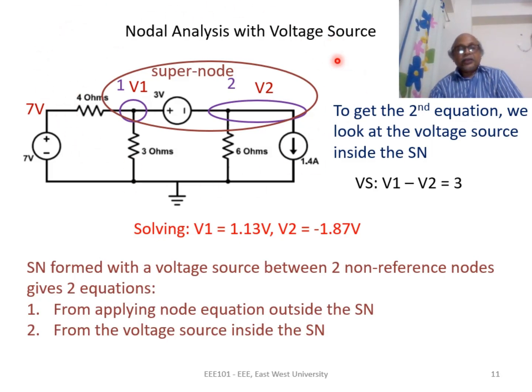Second, we get the other equation by looking inside the supernode where we have a voltage source. So outside the supernode, the node equation gives us one equation, and inside the supernode, the voltage source gives us the other equation. So we have discussed all three cases of voltage sources in nodal analysis.